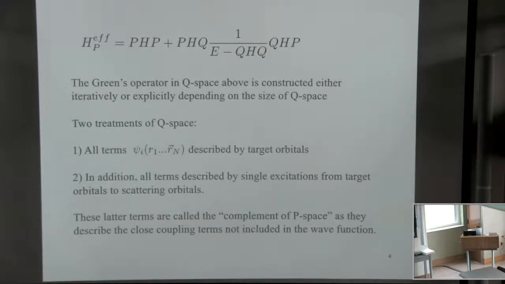In addition, we may include all the terms described by single excitations from those configurations to the scattering basis. We call these last terms the complement of P space because they account for the channels that we haven't explicitly included in the calculation.